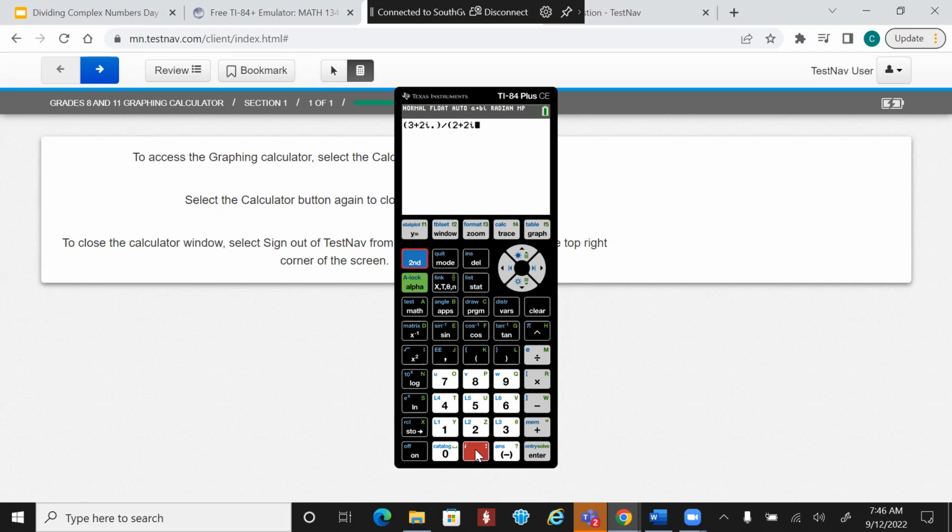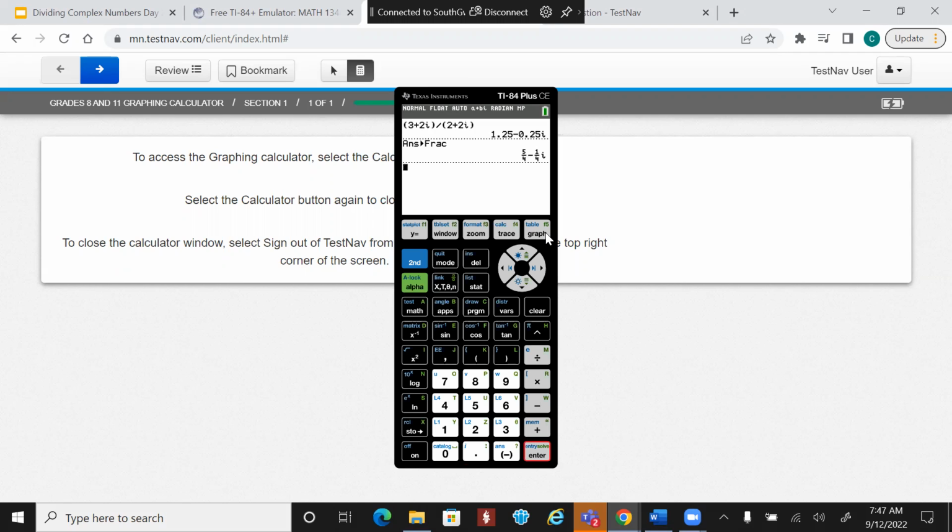And again, that i is hitting second decimal point. When I hit enter, it's going to give me it in decimal form. If you hit math, enter, it'll give me it in fraction form. And so if you solve that out, you should have gotten 5 minus i over 4. That should have been your answer. If you didn't get that, you've got some practice to do.